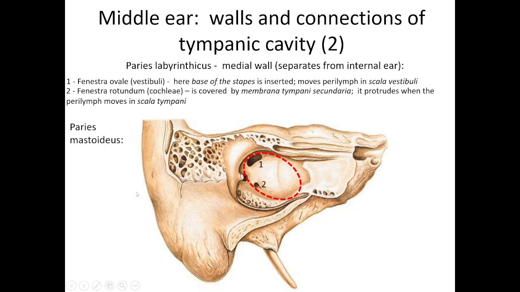And now this wall, so-called paries mastoideus, we can recognize that this is processus mastoideus of temporal bone. So posteriorly to it, we can find paries mastoideus. And here, number 3, what it demonstrates us?